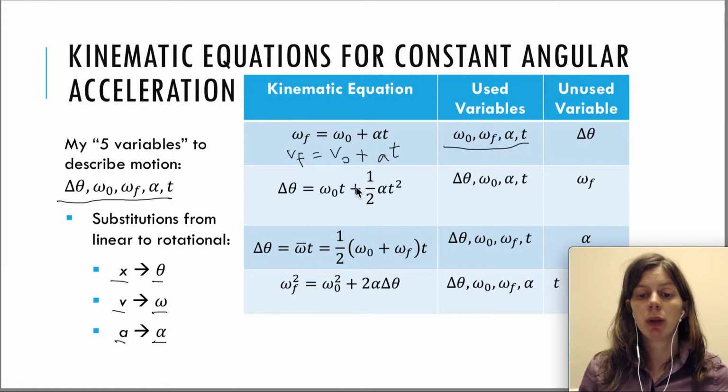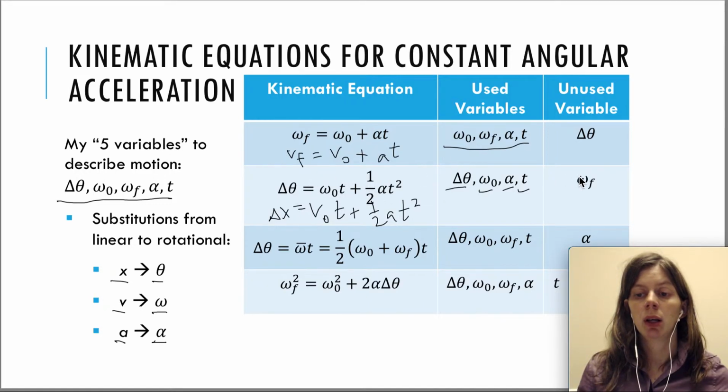And then as you go through the kinematic equations, this one right over here used to look like delta x equals v initial t plus 1/2 a t squared. That's what it used to look like. Well, now we have those substitutions. And if we care about theta, omega initial, alpha, and t, then this is the one to use. This equation does not have omega f, so we don't care about omega f.